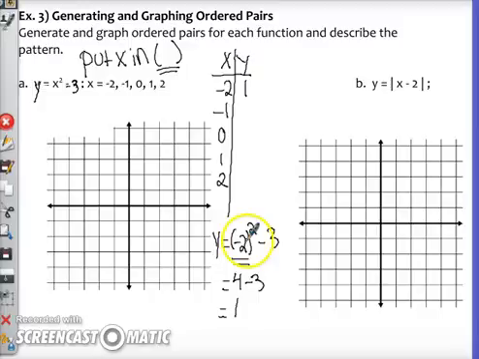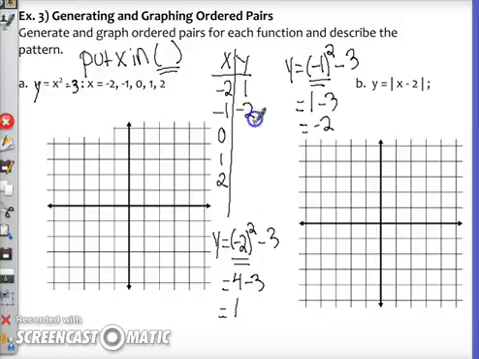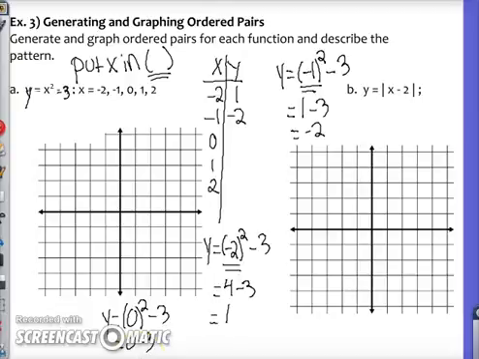Plug -1 in. Show your work, folks. Y equals, in parentheses, -1 quantity squared -3. -1 times -1 is +1. Minus 3 equals -2. Plug 0 in. Y equals, in parentheses, 0 squared -3. 0 squared is 0 minus 3, which equals -3.